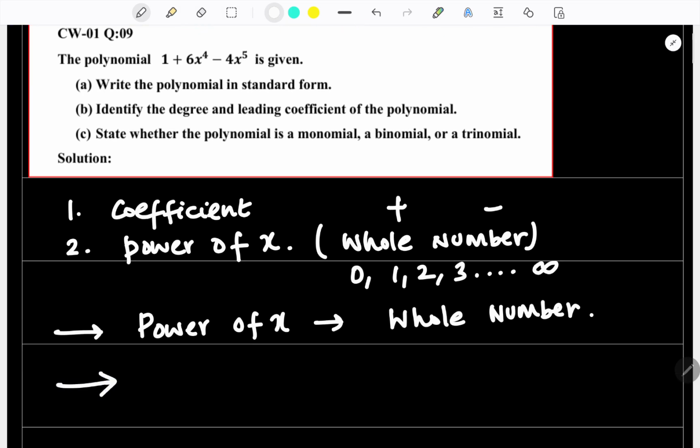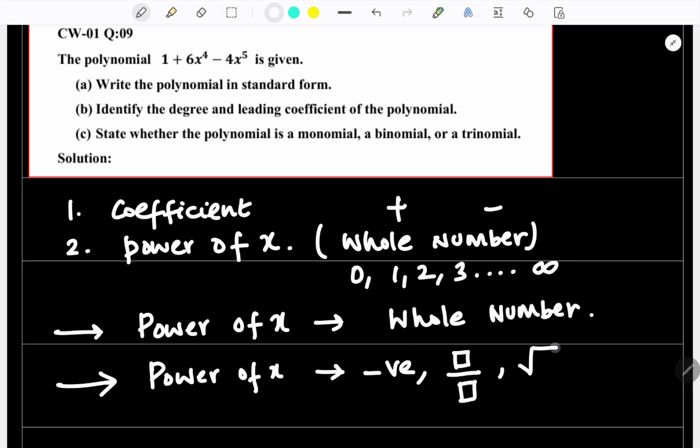So the power of x is a whole number, and if the power of x is negative, meaning minus, or if it is a fraction, like 2 by 3, 5 by 3, minus 2 by 4, or square roots, right? Square root also we can write as power 1 by 2. Yes, square root, then it is not a polynomial. Keep in your mind, this is not a polynomial.